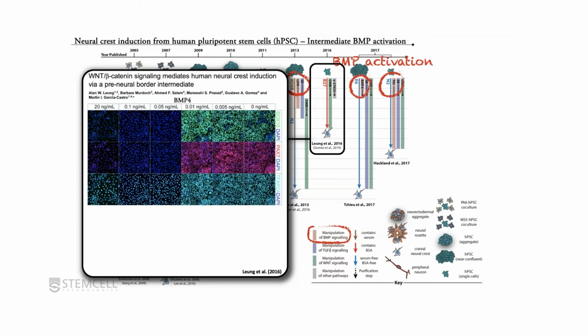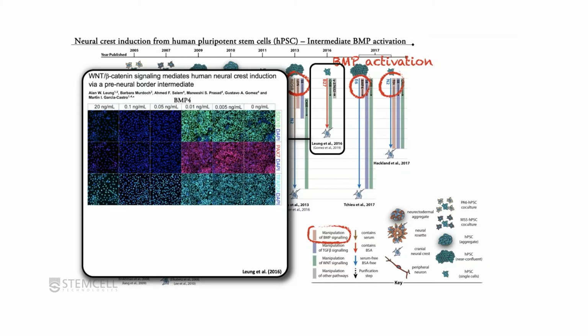However, they demonstrate that if an amount of recombinant BMP4 in excess of just 10 picograms per mil is added to their cultures, then neural crest induction is lost, and instead non-neuroectoderm-like characteristics are induced. And you can see that from the immunos I've lifted from their paper here.